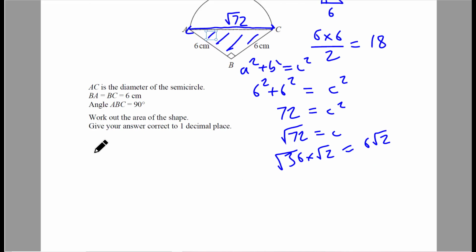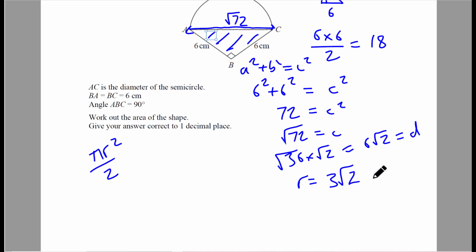We know the area of a circle is pi r squared, but it's half a circle, so we're going to divide that by 2. Would I keep that as a surd? I'm sure this is normally a calculator question, but let's see what happens. The radius is going to be half of this, so r is actually 3 root 2, because that's the diameter.